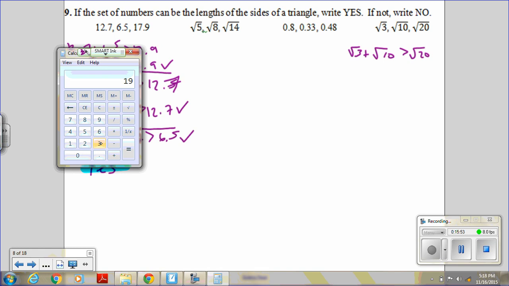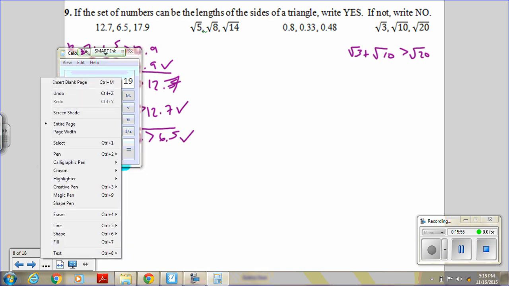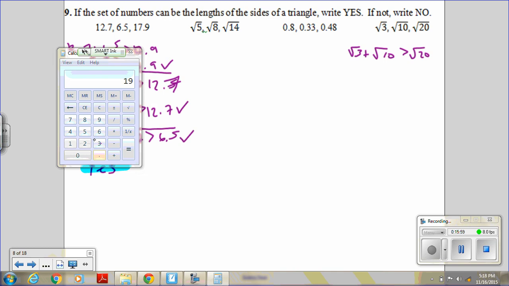The square root of 3, I forgot, gotta turn off my pen, is 1.73 plus square root of 10.